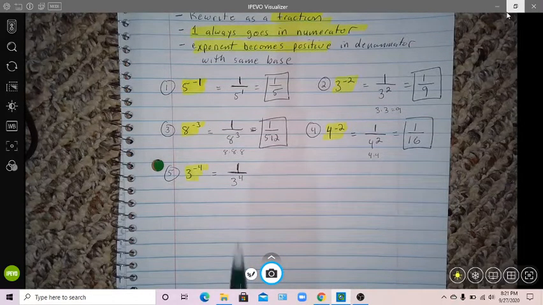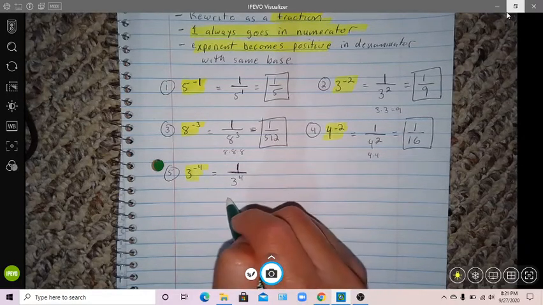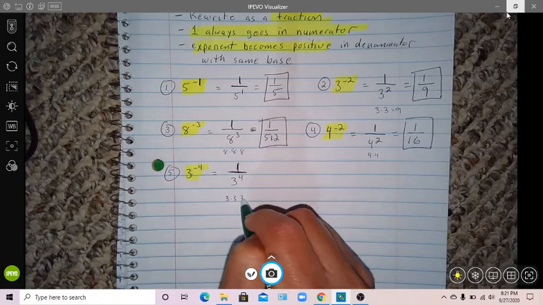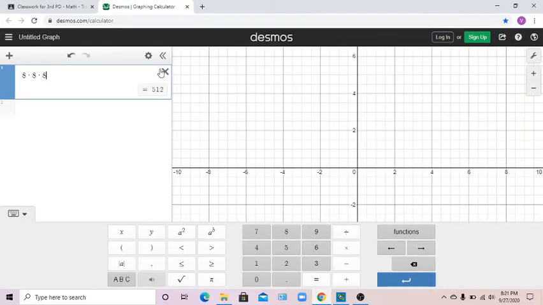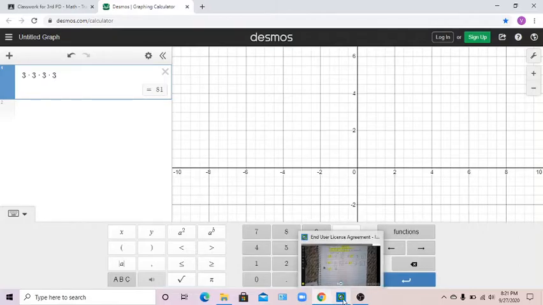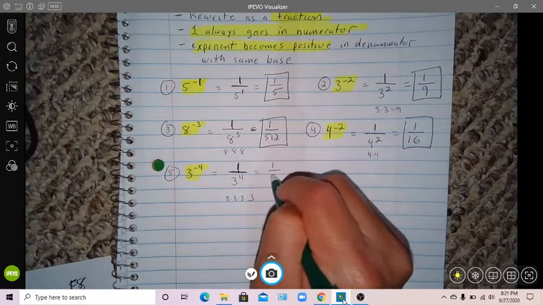I need to figure out what 3 times 3 times 3 times 3 is. Going to my calculator, 3 times 3 times 3 times 3 gives me 81. So this is 1 over 81.